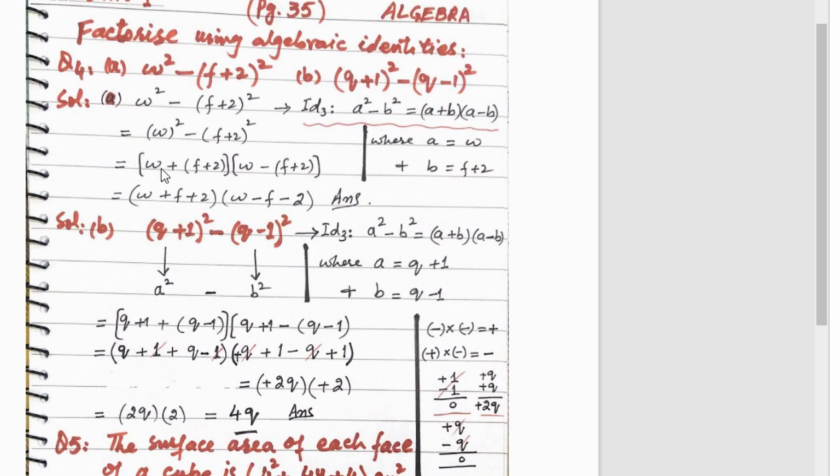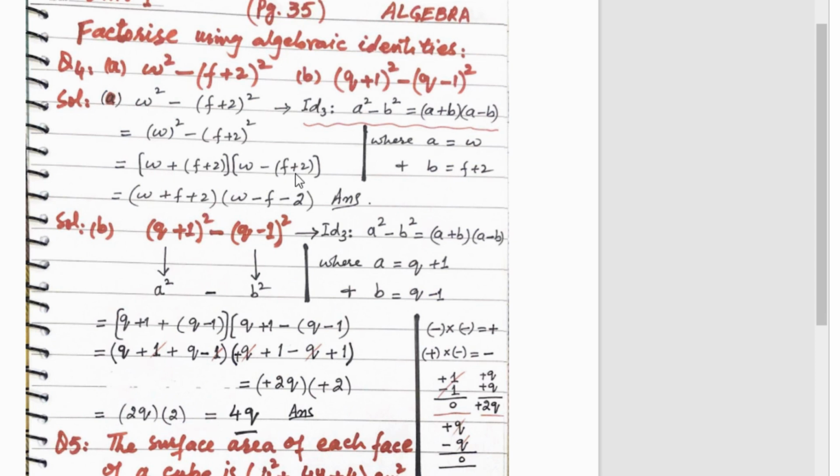Now, (a plus b) into (a minus b). After this, we will open the brackets: w plus f plus 2. Is there anything to be simplified? No. Now look at the second bracket, w. This minus sign has an impact on the signs which are inside the bracket. It will change the signs inside the brackets.